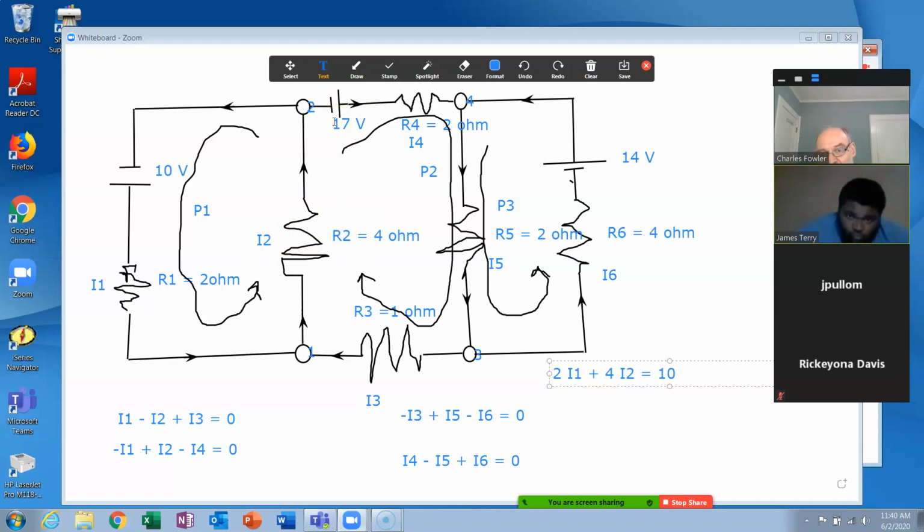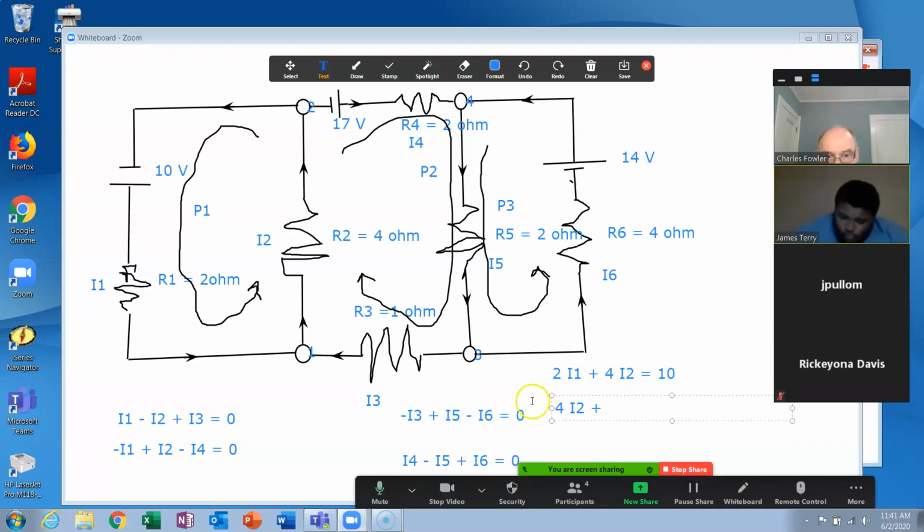Well, I want to put those in the right order, so I'm going to start with I2. That'll be 4I2, plus then let's do I3 next, I3.